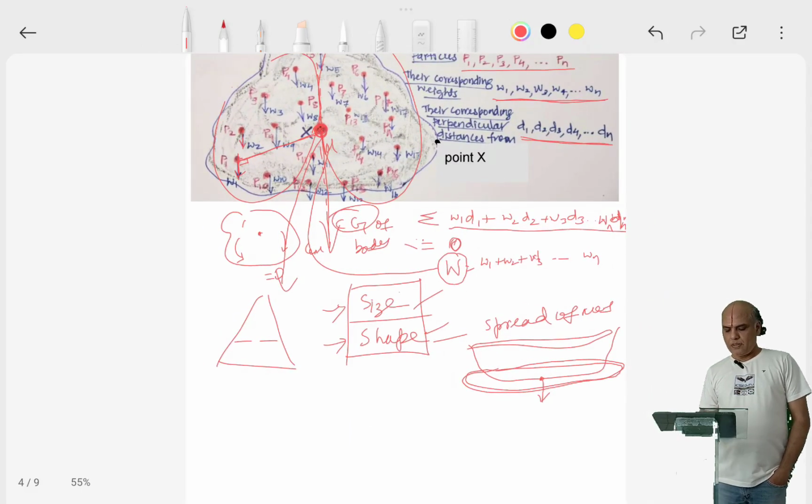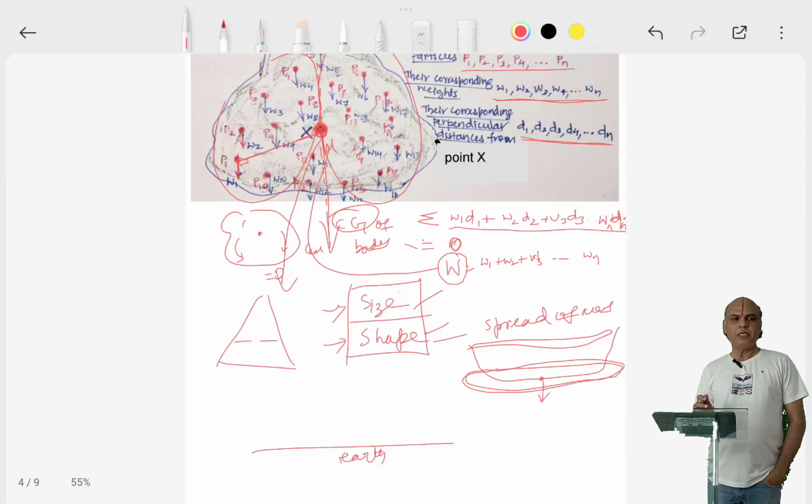But for any body, the closer the center of gravity lies to the earth, the more stable is the body. For example, suppose there is some body like this.